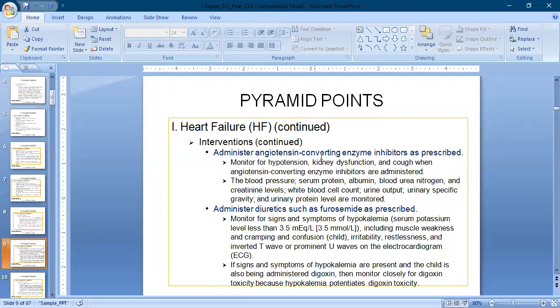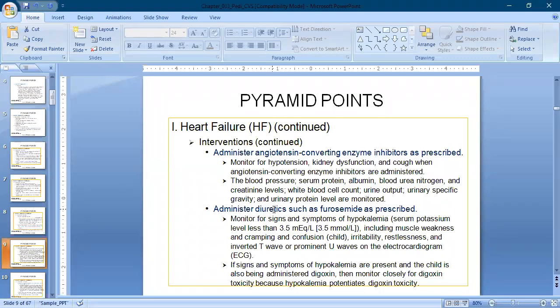angiotensin converting enzyme inhibitor as prescribed. Always, "as prescribed" is the answer in a select all question, right? Angiotensin converting enzyme inhibitors, shortly called ACE inhibitors, like captopril, reduce the afterload.